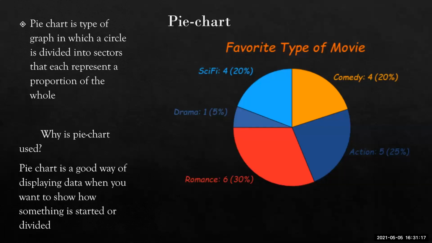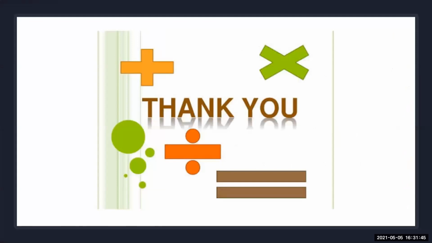A pie chart is a type of graph in which a circle is divided into sectors that each represent a proportion of the whole. Why is a pie chart used? A pie chart is a good way to display data when we need to show how something is divided. This is an example of a pie chart. Thank you.